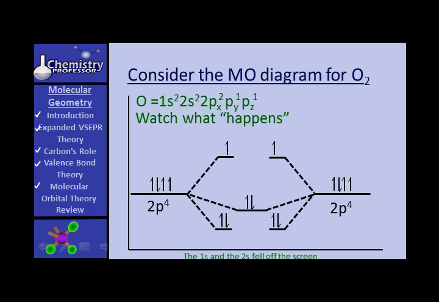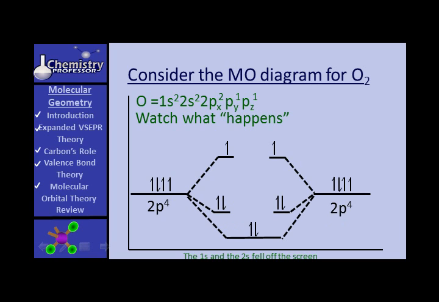But when the pi antibonds were formed, they constricted the pi bonds and made it more difficult for electrons to be in the pi bonds, and so this order switched. So the instant you put even 1 electron in a pi antibonding orbital, you're going to switch the orders of the pi bonds and the sigma bonds, coming from overlap of the atomic p's.